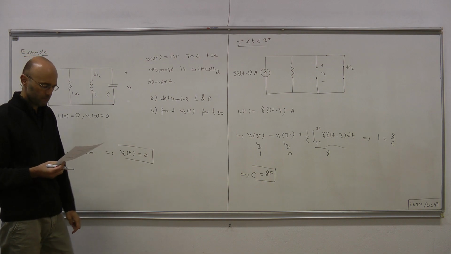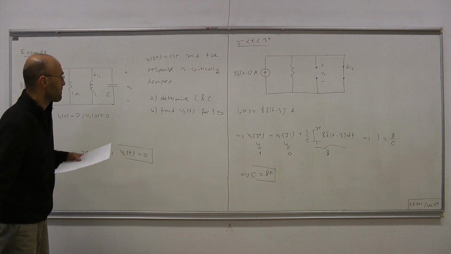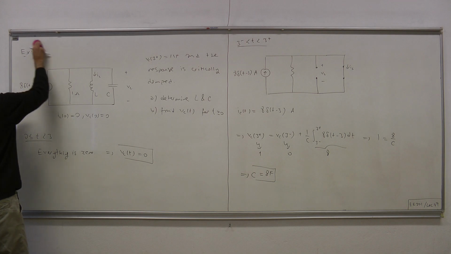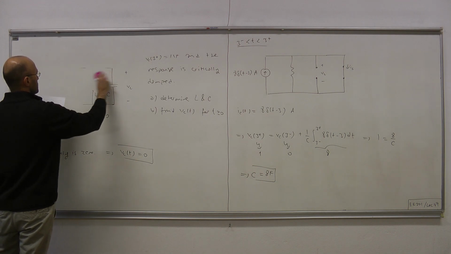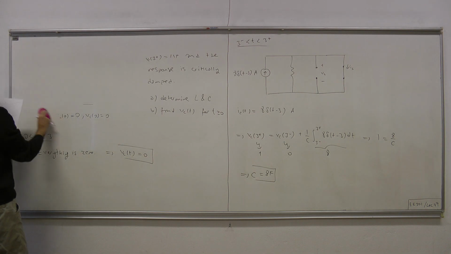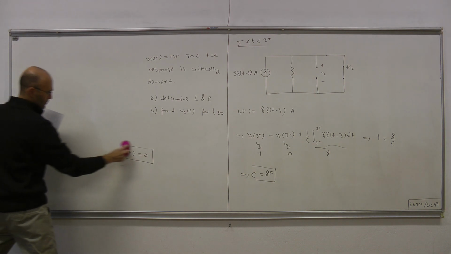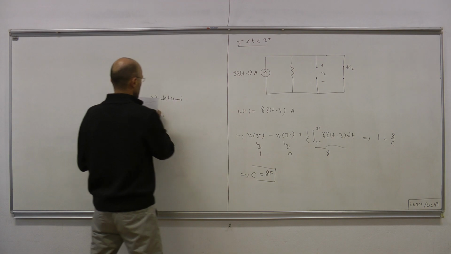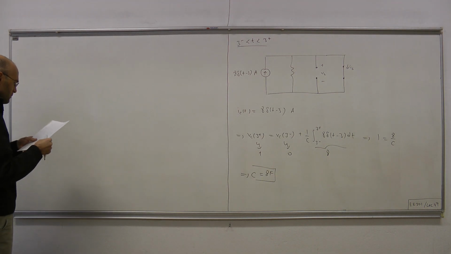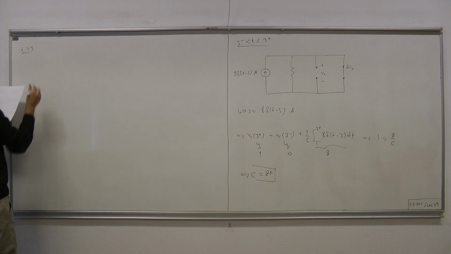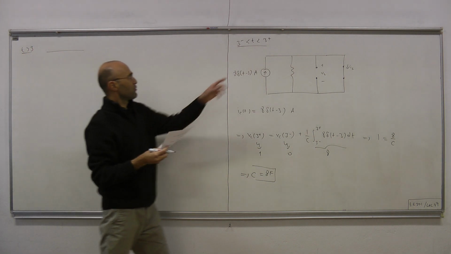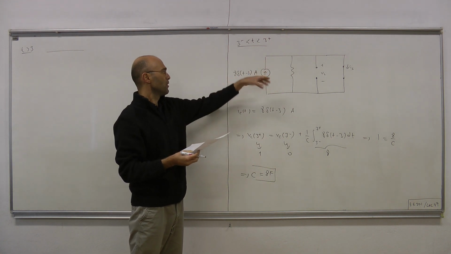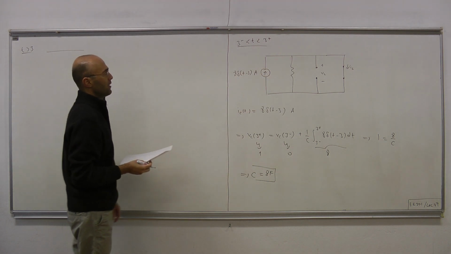Now let's figure out the response for t greater than 3 and also the inductance value L. Okay, for t positive, starting from t equals 3 plus to the future, the source is just 0, therefore we can replace the current source with an open circuit.